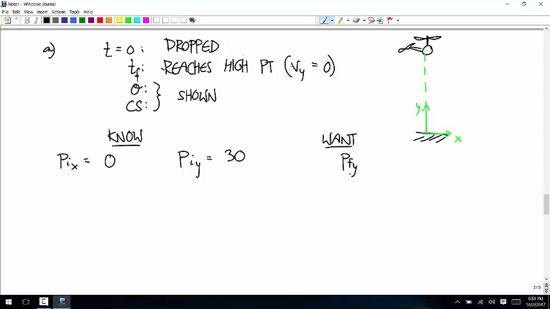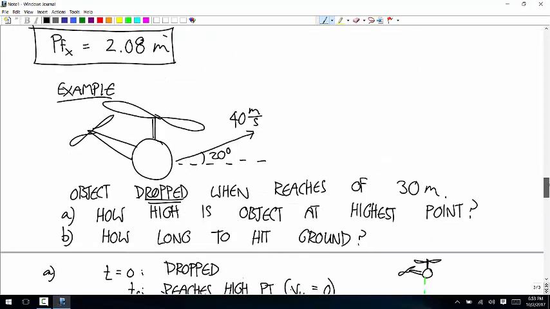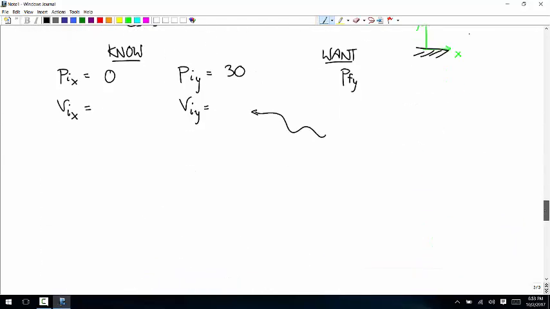Do we know anything about the initial velocity? Yep, that's the velocity of the helicopter. Yep, so that's 40 times cosine of 20 degrees, 40 times sine of 20. What do you get for that? 37.59. 13.68.